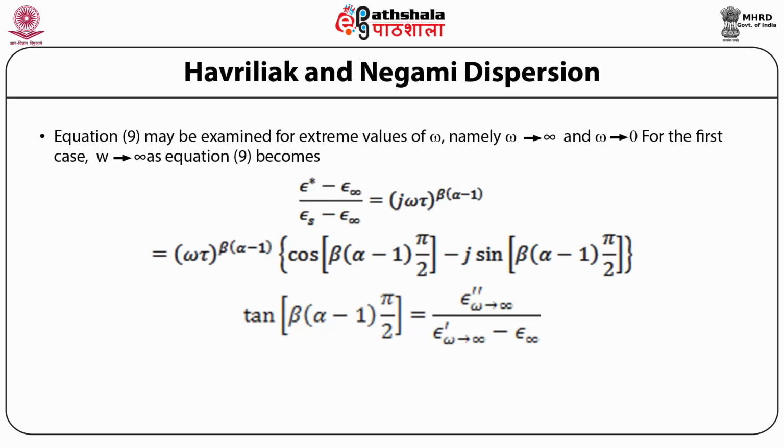Equation 9 may be examined for extreme values of omega, namely omega tends to infinity and omega tends to 0.